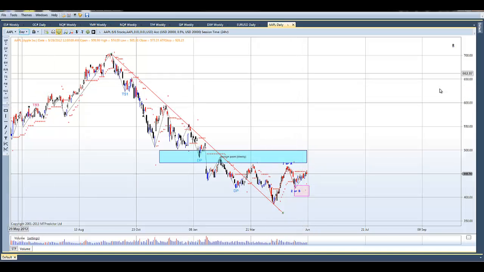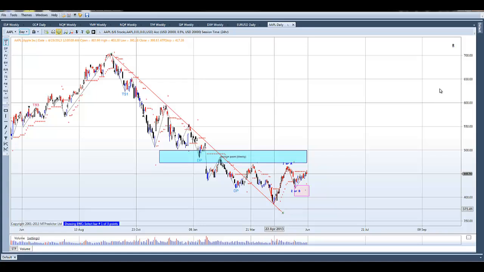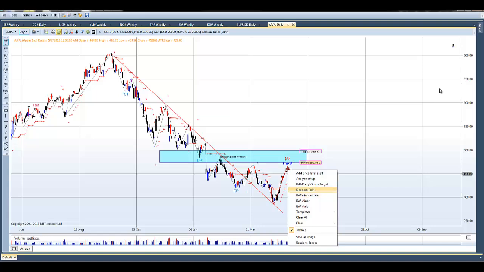Let's just project up wave C for a second here, just to see where that comes in. Okay, so that's right around 470 as the minimum wave C, and then we can take a DP off of the top.